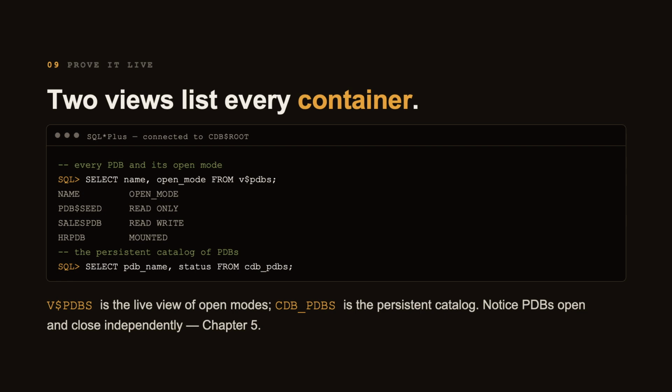That's a key detail. PDBs open and close independently of each other and of the CDB, which we cover in Chapter 5. The second view, CDB_PDBS, is the persistent catalog of your pluggable databases and their status. V$PDBS for the live state, CDB_PDBS for the durable list. Between them you can see the entire container layout at a glance.